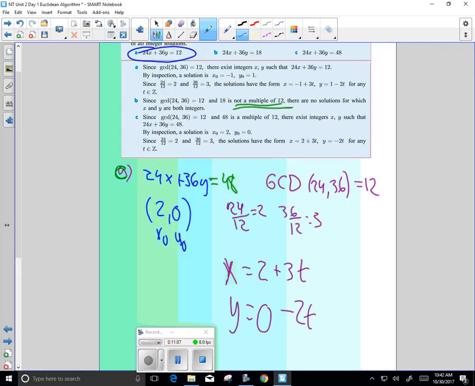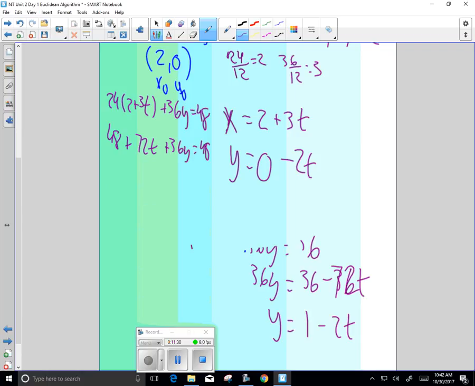And just to double check, to show you that this is right, you have 24 times 2 plus 3t plus 36y equals 48. I'm going to get 48 plus 72t plus 36y equals 48. Then when I subtract 48, right?